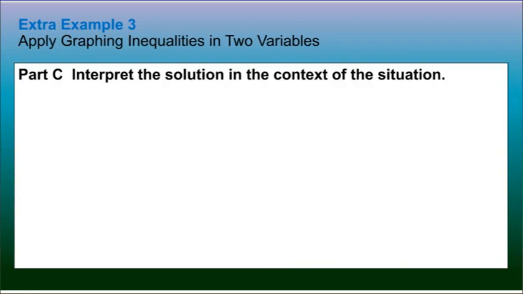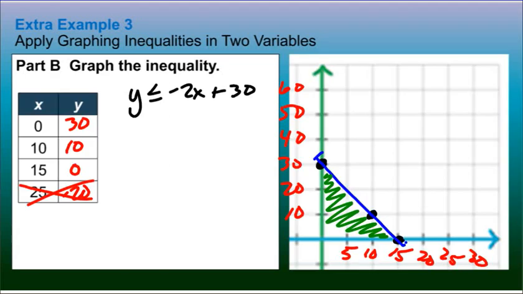Now we need to interpret in the context of the situation. So if we go back to our graph, the interpretation part, the numbers have to be whole numbers, number one.